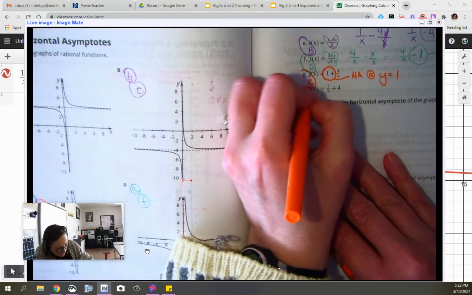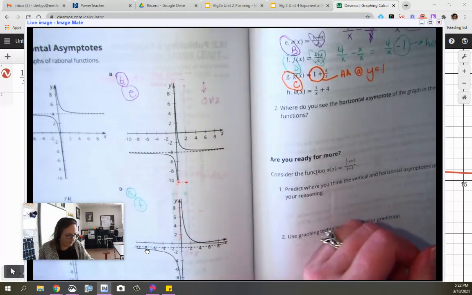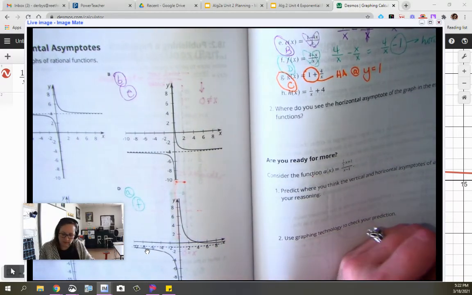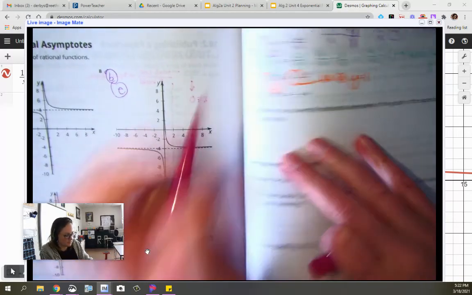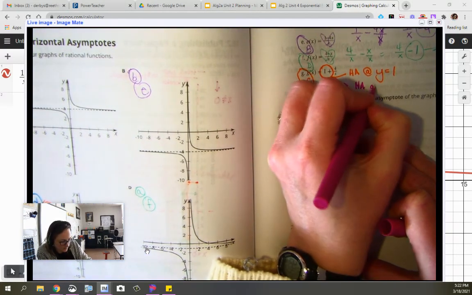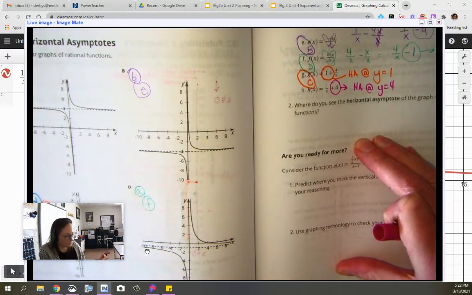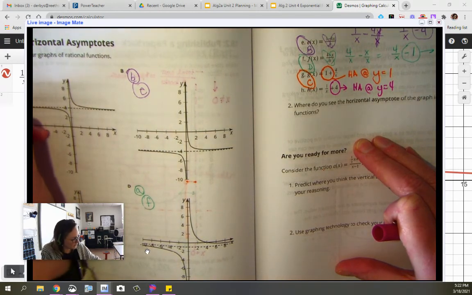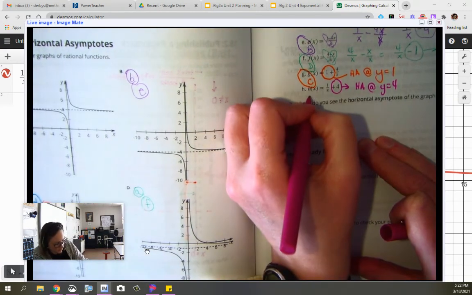G, graph C, good match. And last but not least, a positive 4, horizontal asymptote. H would be there, so that's graph A.